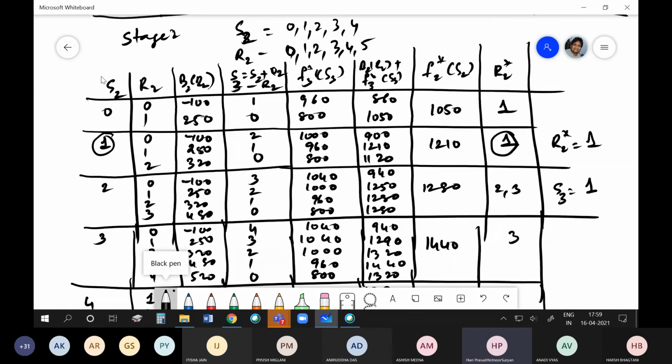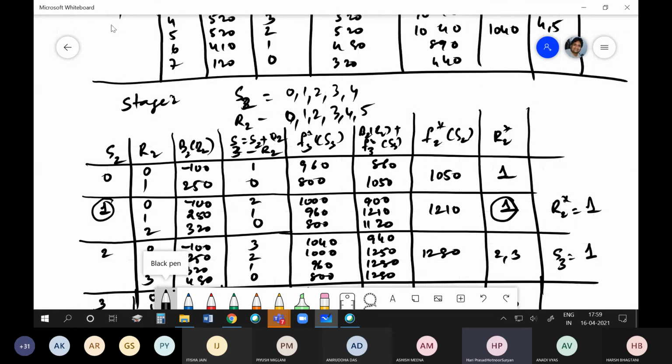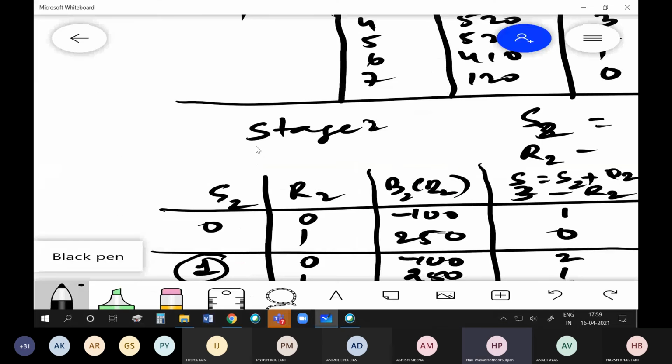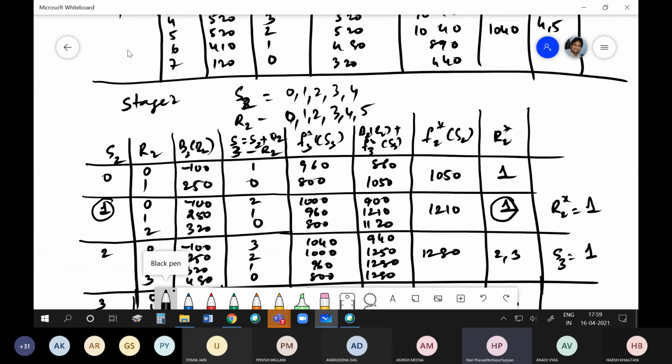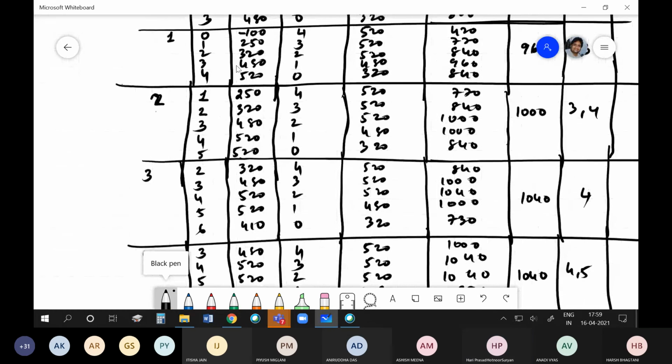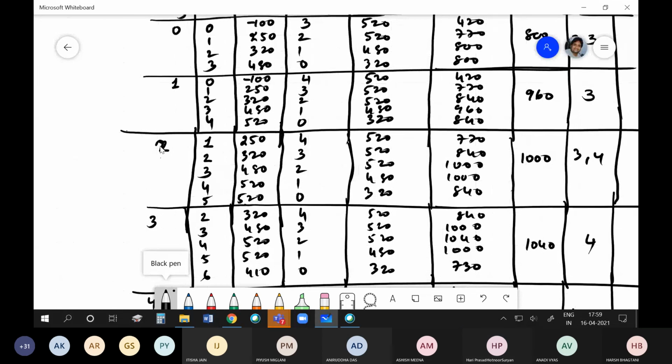So when S3 is equal to 1, I have R3 star as 3, isn't it?